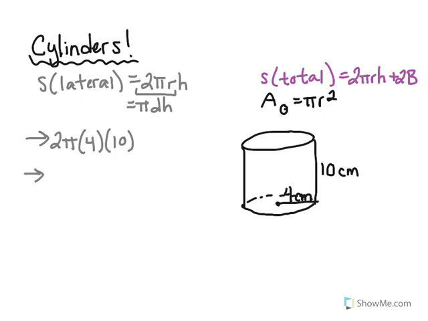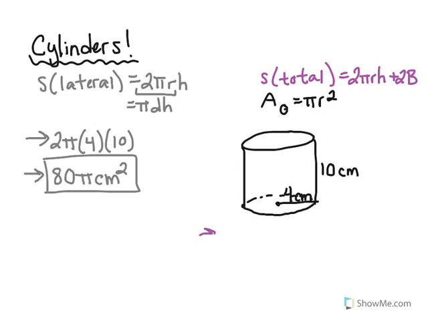If you do decide to multiply the decimal out, make sure that you leave it at 3 decimal places. So 2 times 4 is 8, and then 8 times 10 is 80. So my answer here is 80 pi centimeters squared. That's me leaving that in terms of pi.